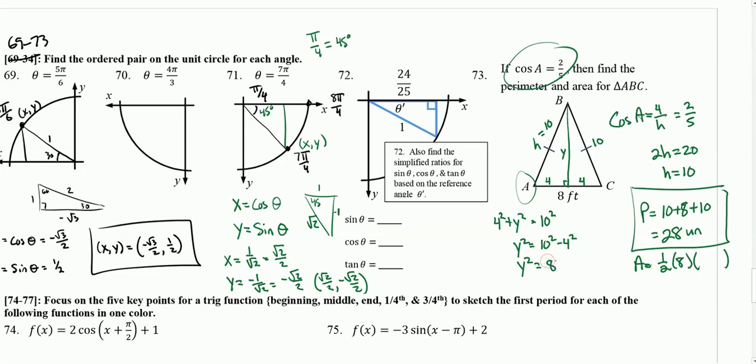So we get 84. And so y is going to be the square root of 84, which is 2 root 21. And so half of 8 is 4, times 2 root 21 gives us 8 root 21 square units.